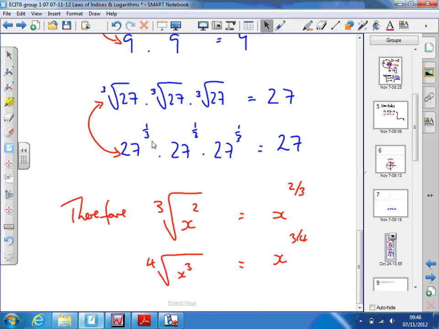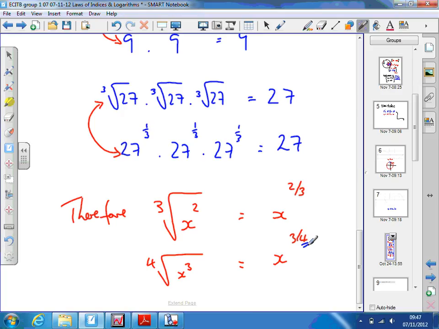And there's one little thing that I always say when I talk about this, and that is, if I've got the 4th root of x cubed, and I'm going to turn it into a fraction, well, which number goes underneath in the fraction? The root goes underneath, and that's the root in this case, the power 4. So that's a 4th root. And roots go under the ground, so that must go underneath in the fraction.